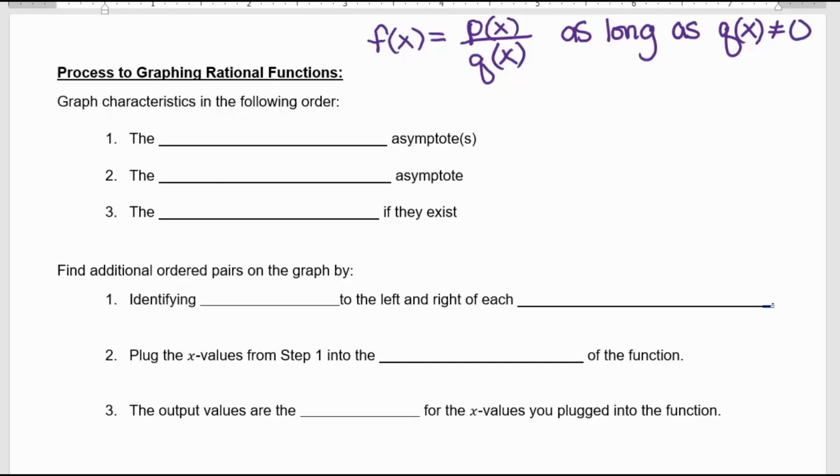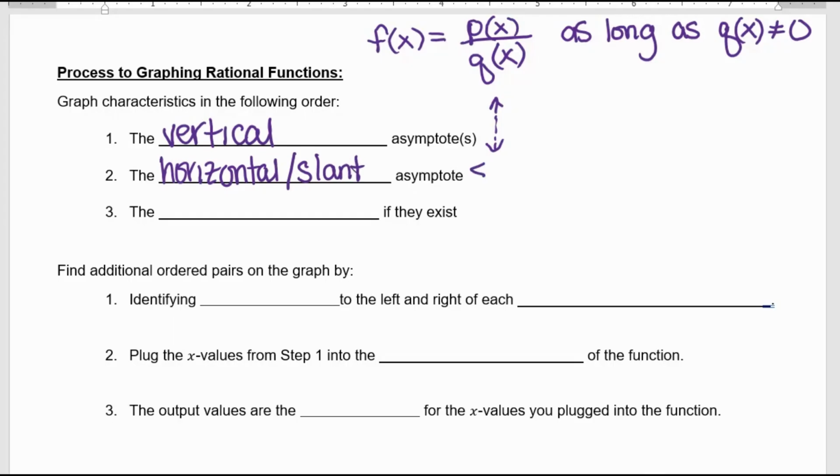So first one, you are going to graph your vertical asymptotes. Remember, your vertical asymptotes are the ones that go up and down. Next, you're going to do the horizontal or slant asymptote.